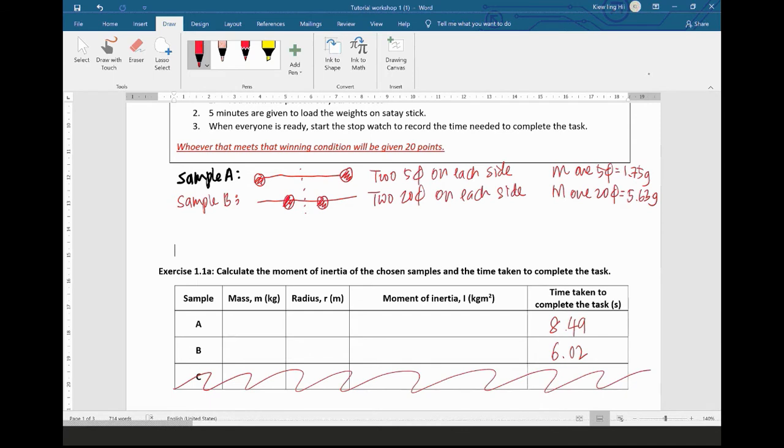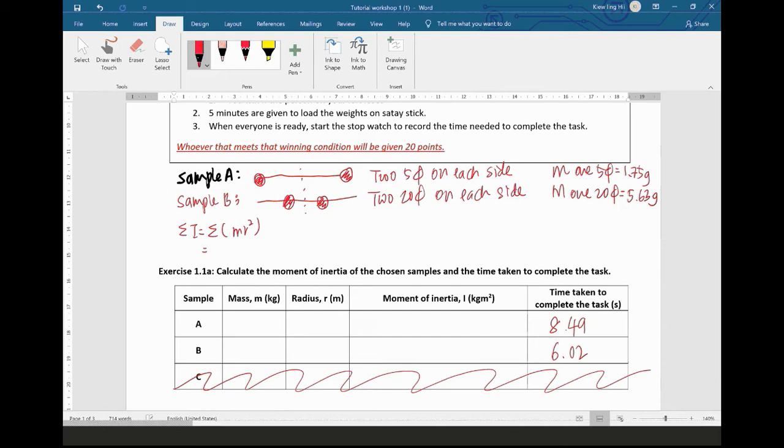So how do we actually calculate the moment of inertia? Total moment of inertia equals total m r squared. So what is your m?